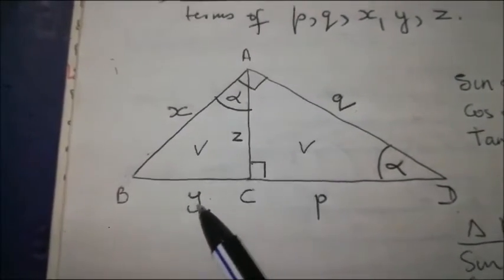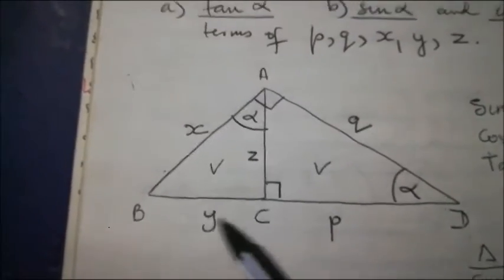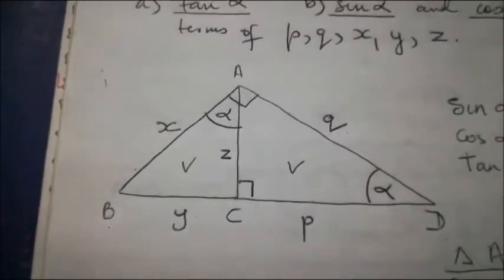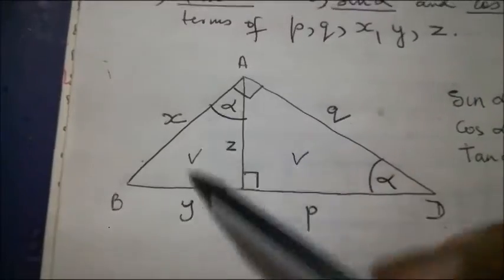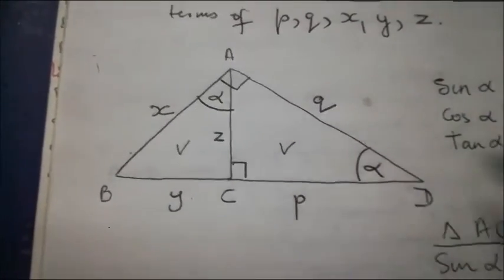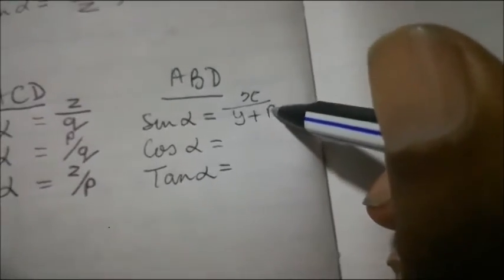But be careful now, the hypotenuse here is both x plus p, the entire length. Watch very carefully now. So sine alpha for the biggest triangle will be opposite over hypotenuse, which is x over y plus p.